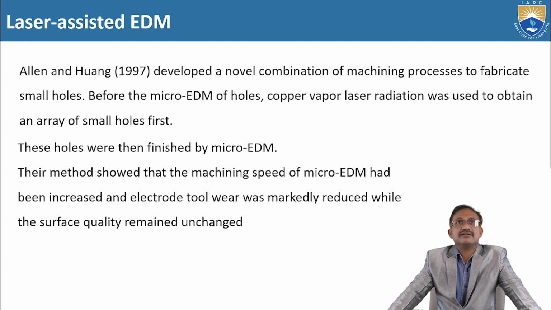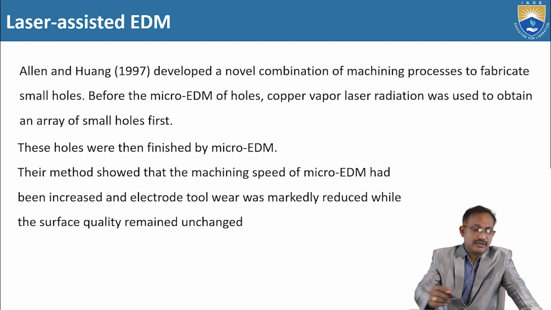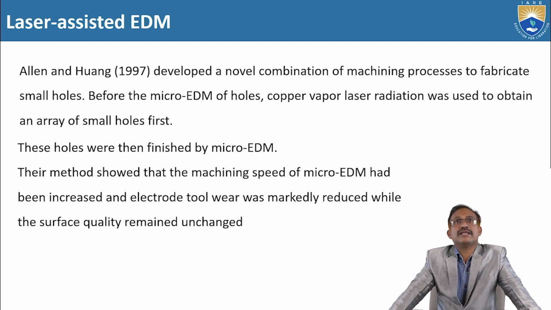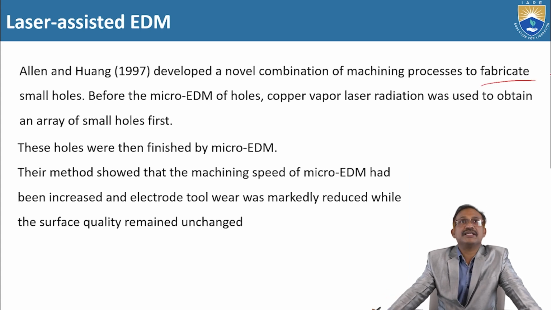Laser assisted EDM. Allen and Huang during 1997 developed a novel combination of machining processes to fabricate small holes. Before the micro EDM of holes, copper vapor laser radiation was used to obtain an array of small holes first.